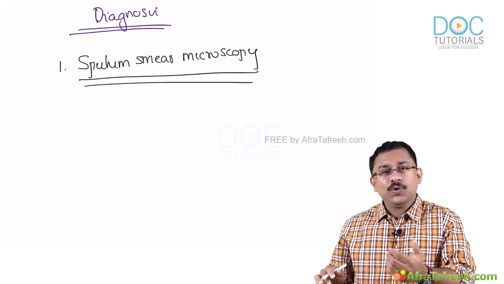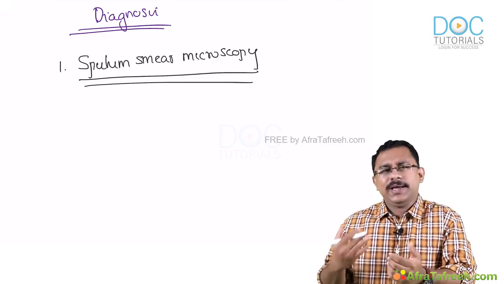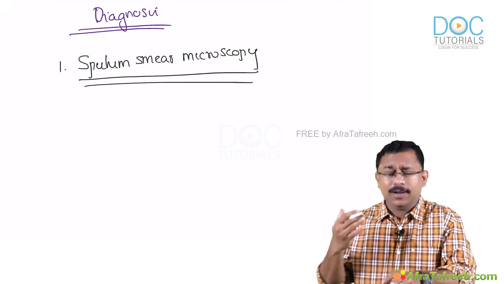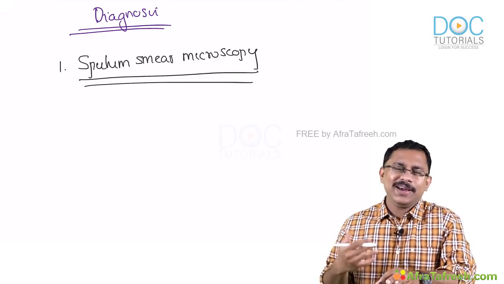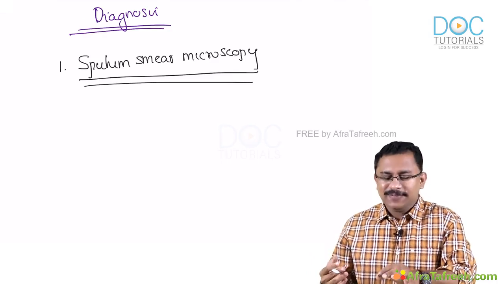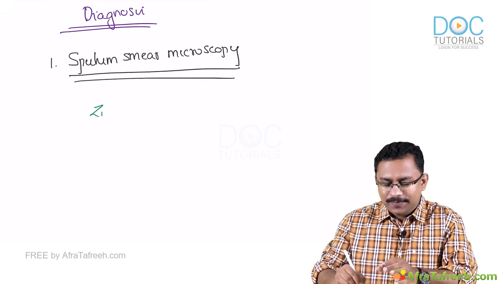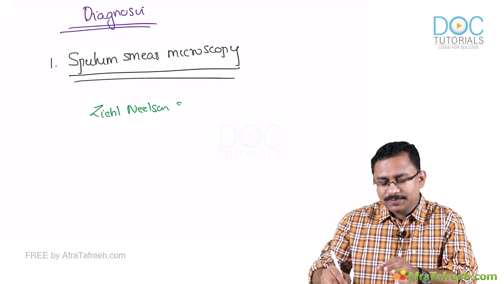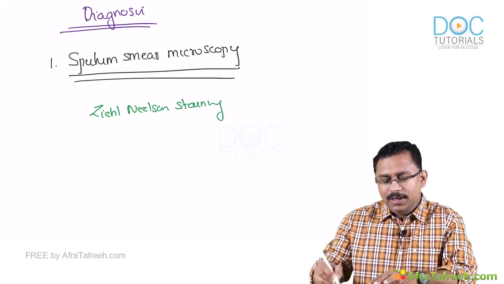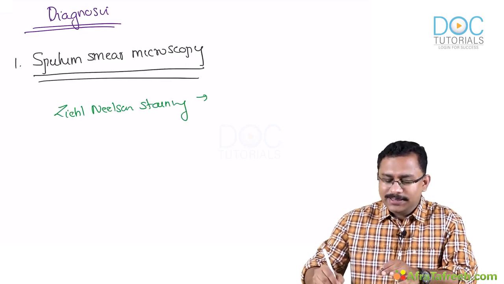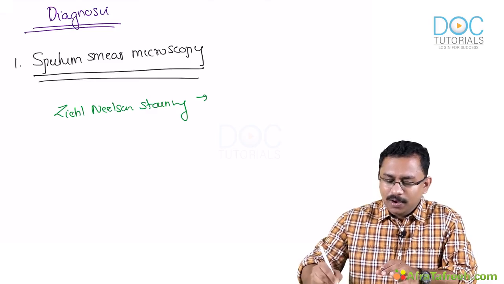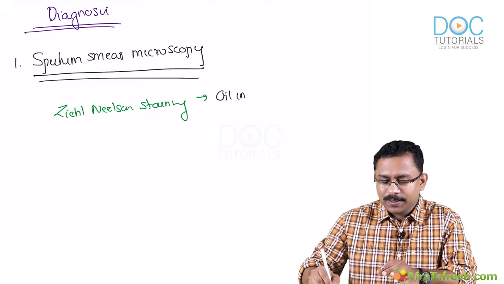When you obtain sputum from an individual and try to demonstrate the acid-fast bacilli, you can do it by the Ziehl-Neelsen staining, and you look at these organisms under the oil immersion microscope.